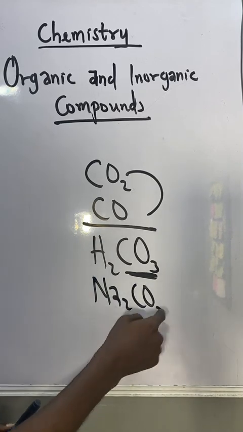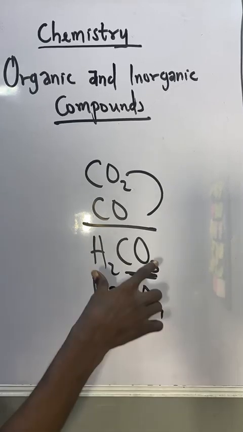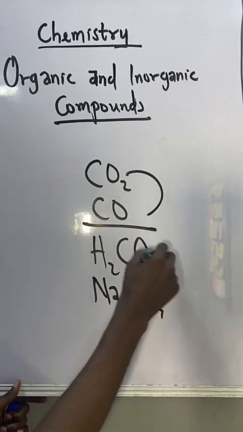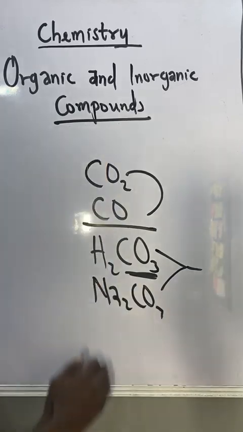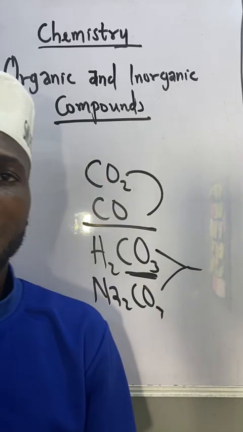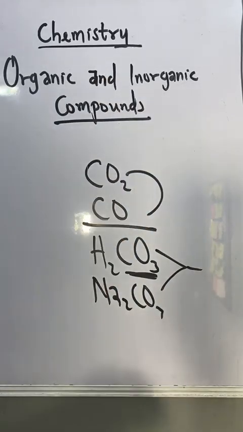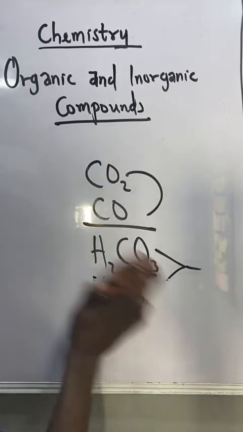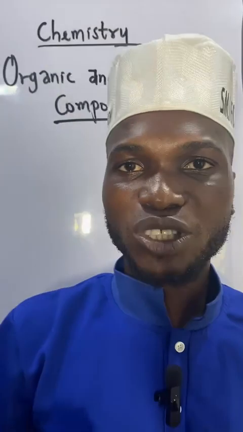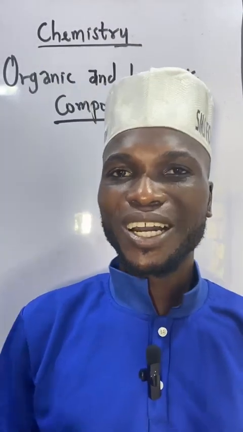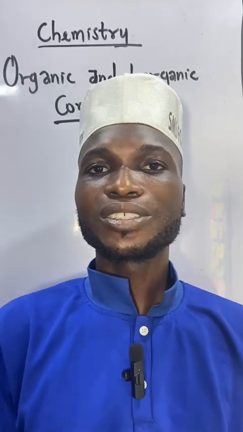This is sodium carbonate, and this is carbonic acid. Both are also studied under inorganic chemistry. Now, apart from all of this, every other compound of carbon is known as an organic compound, and they are studied under organic chemistry.